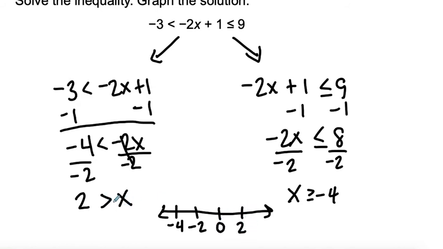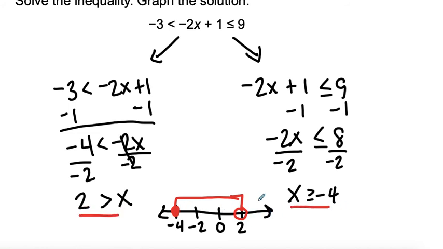So x has to be less than 2, so I'm going to have an open circle at the 2, and less than means I'm going to be shading to the left. X is also greater than or equal to negative 4, so I'm going to have a closed circle at negative 4, and I'm going to be shading to the right. So notice my compound inequality here, it's an "and" statement, they're shading in toward each other, so that's what the graph would look like.